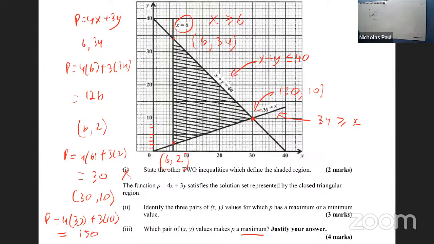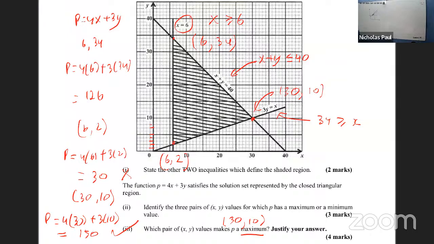So the answer is 150, and the pair of values is 30 and 10. Are you okay with that? 30 and 10. So that is the way a linear programming question will work. Okay with that?